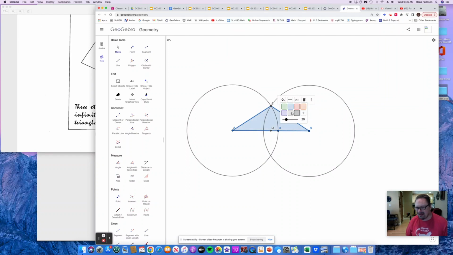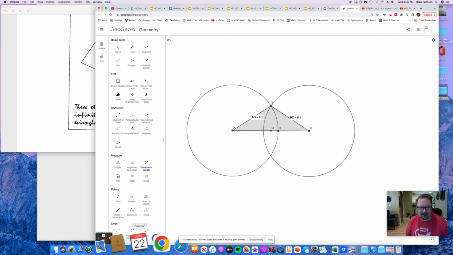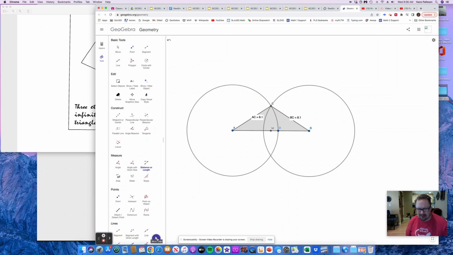Make that 20. And then let's make our measurements. We'll first measure the segments, and then from B to C. Now let's move those so that they're a little bit more clear for us. And then let's measure our angles.